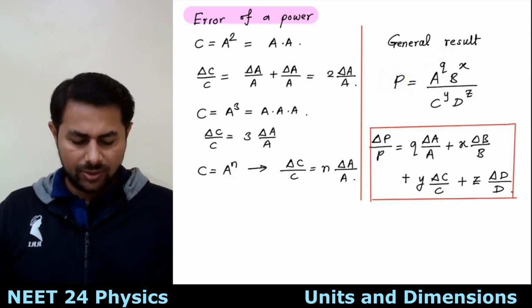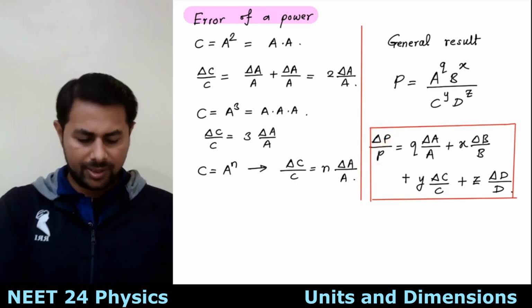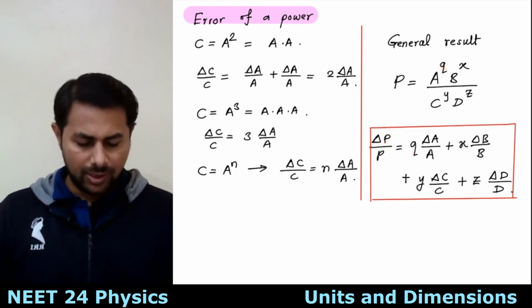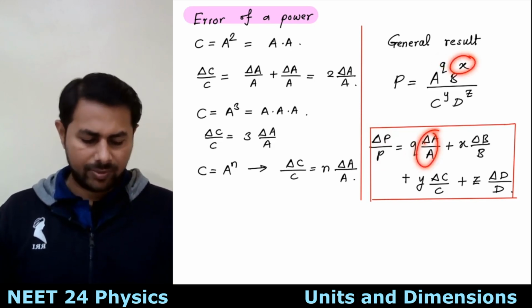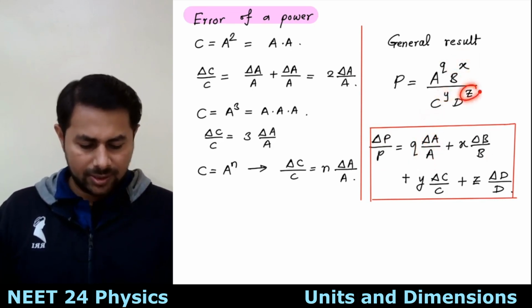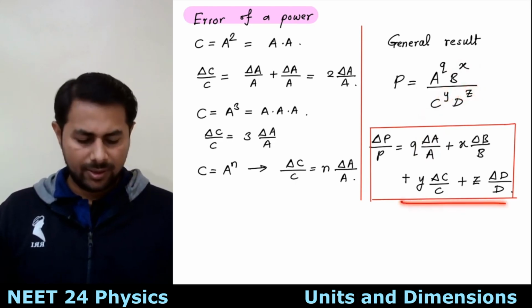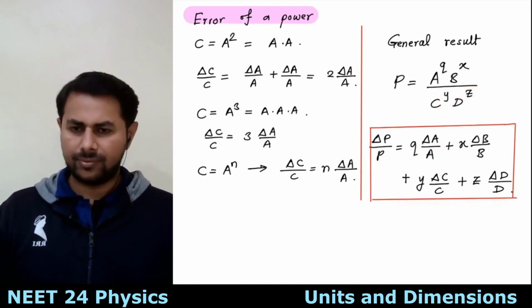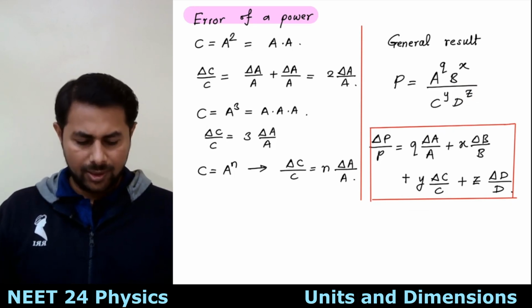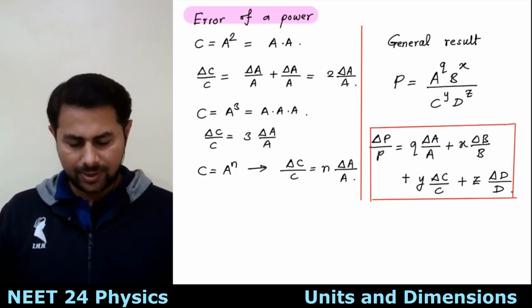Delta P by P can be written as q times delta A by A, because A is raised to q, plus x times delta B by B plus y times delta C by C plus z times delta D by D, right? Very good. So these are the errors.